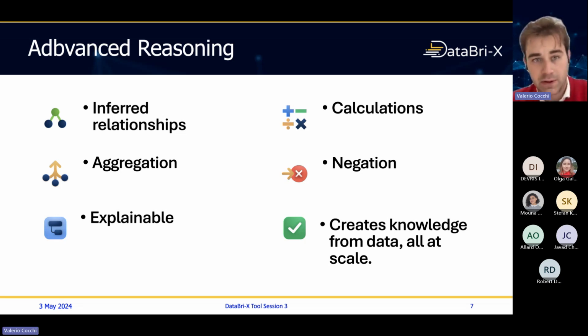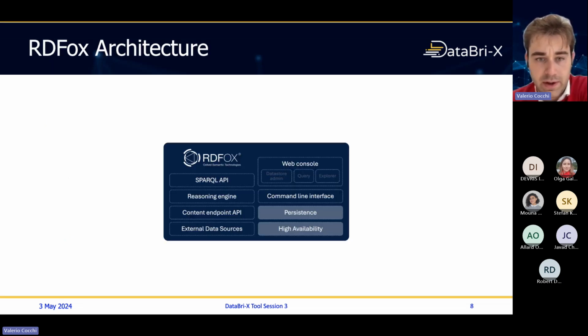So here you can see some of the features that advanced reasoning has. And if we go further down, we can take a look at the architecture. So RDFox on its own has several features: command line interface, persistence, the ability to be highly available, so for mission critical applications.